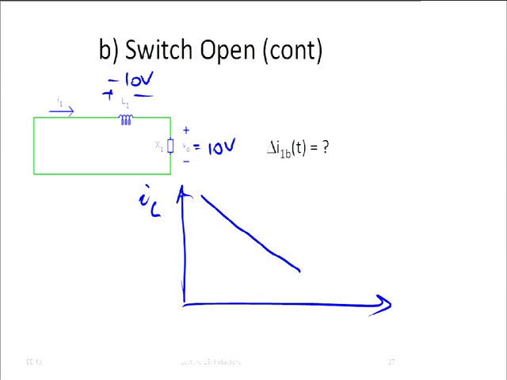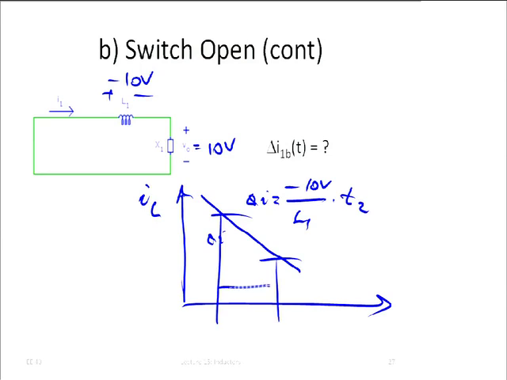And this delta I is going to be equal to this times T2, the time T2 over which we run this thing. Okay?